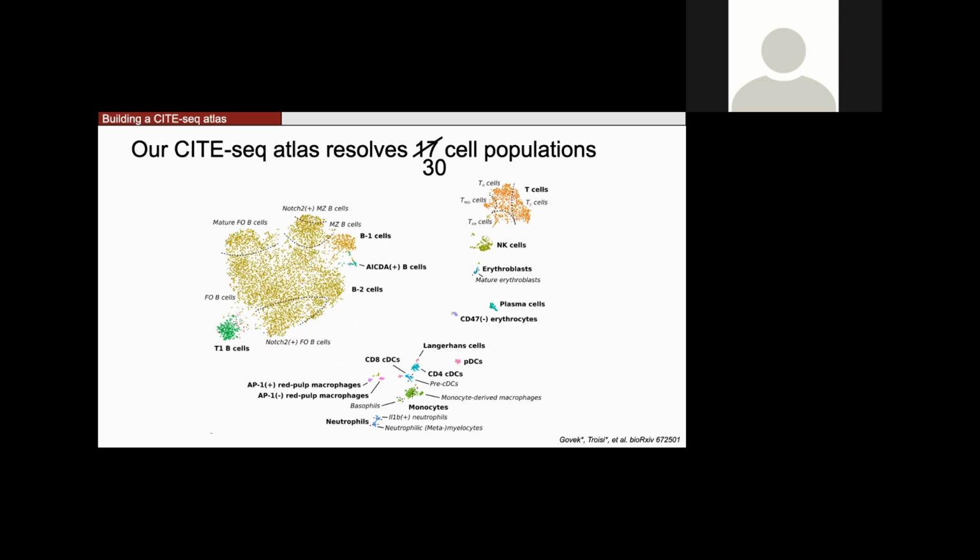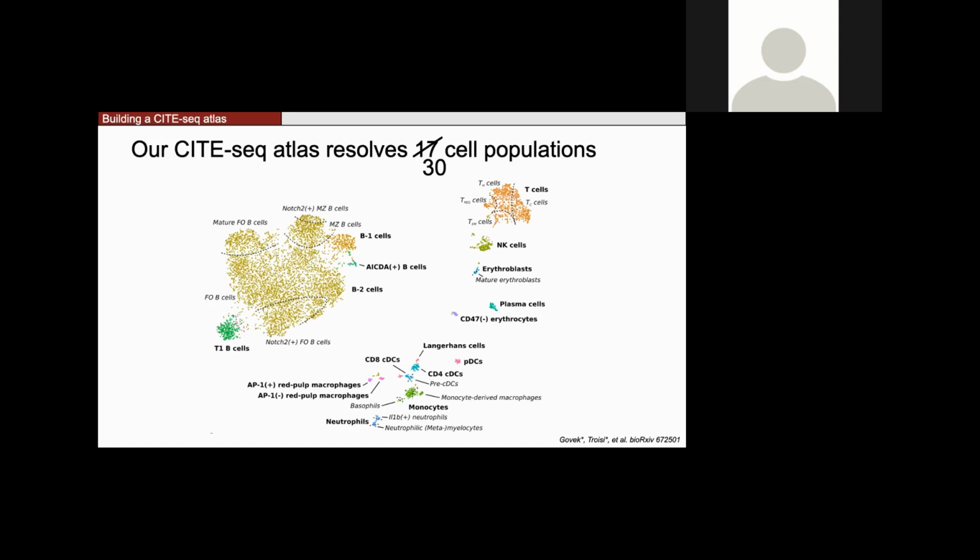So if we add those annotations into the existing clusters from our atlas, here I've shown them using dotted lines, and the italicized text are our new annotations. We now have a total of 30 cell populations in this atlas, which makes it a very powerful single cell RNA sequencing atlas of the mouse spleen, even not including the rest of the context of this presentation.